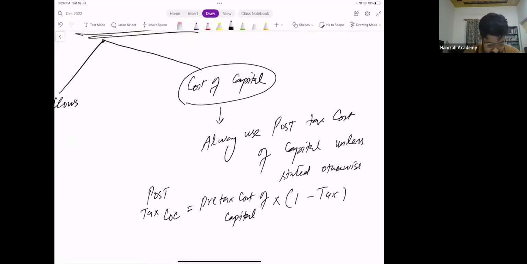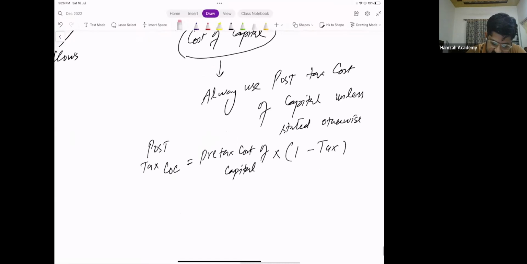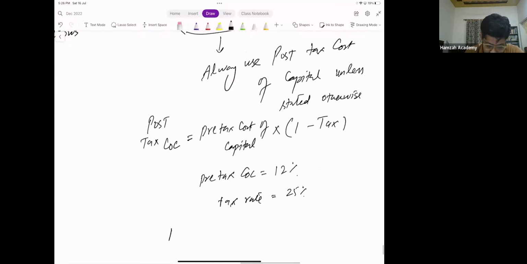For example, pre-tax cost of capital is 12%. Tax rate is 25%. What is post-tax cost of capital? 12%, 1 minus 0.25. It is 9%.